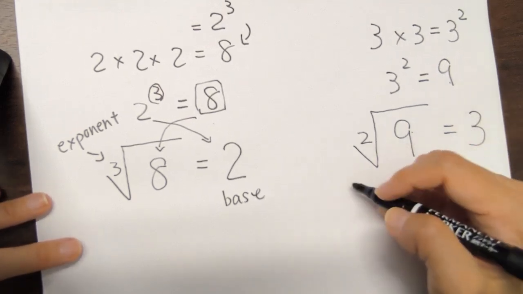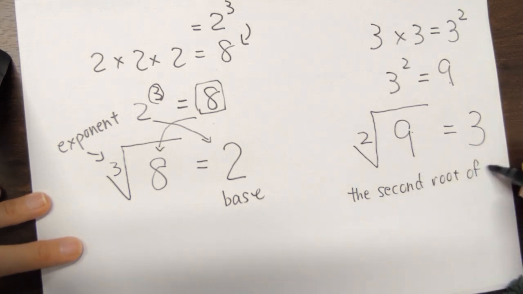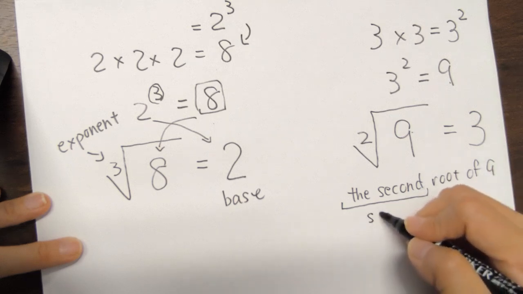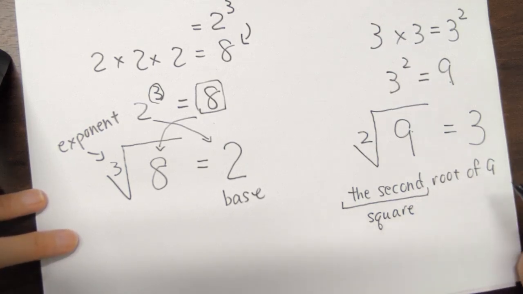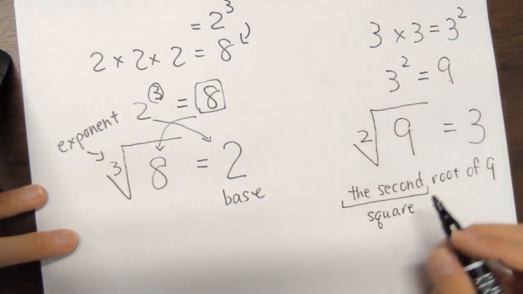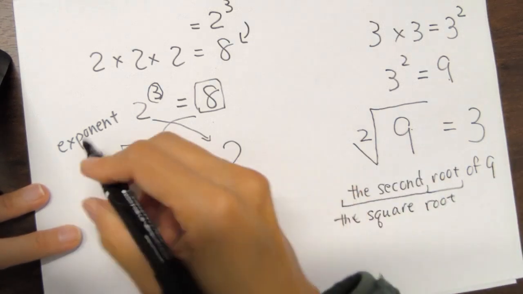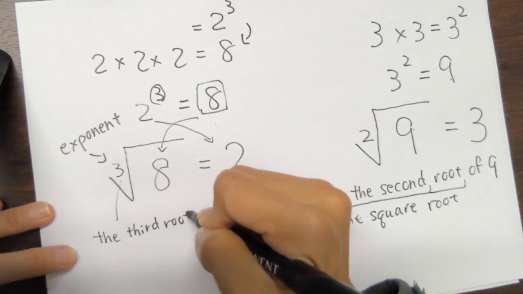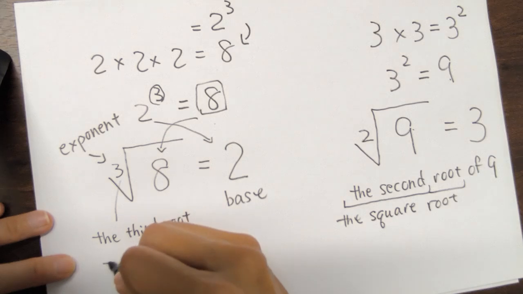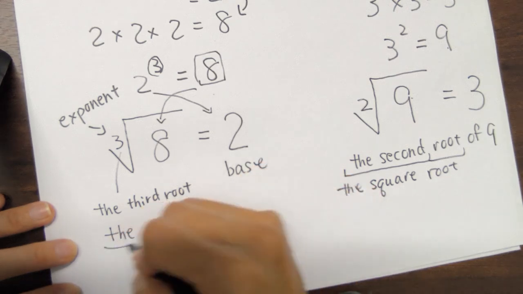The second root we usually call the square root, for the same reason we call the power of 2 squared. The third root we have a special name for, called the cube root.